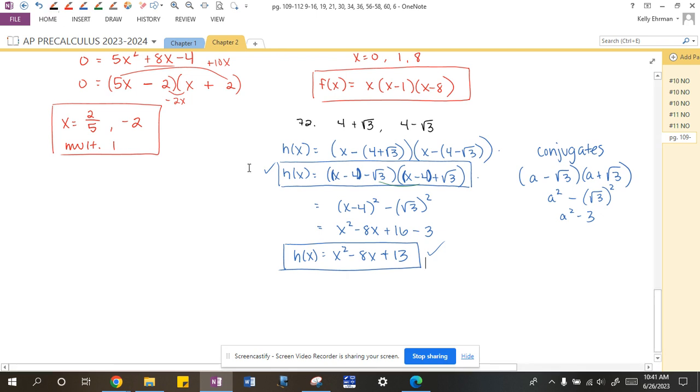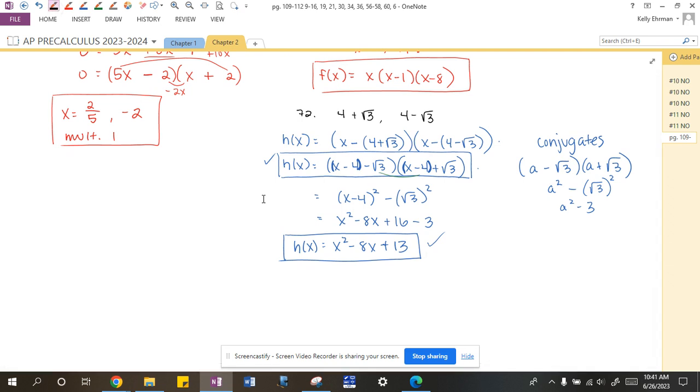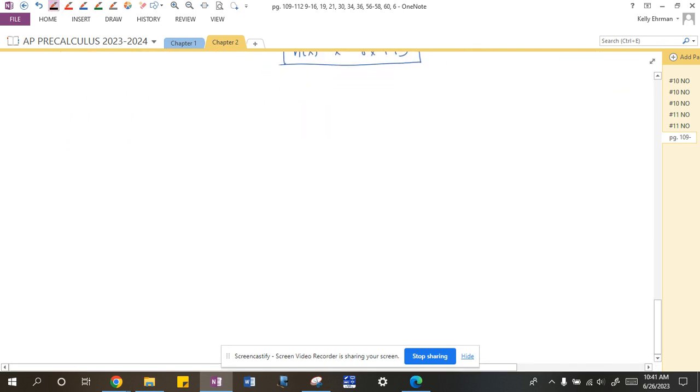Okay, our next set of problems, that was 72. 75 and 77. So let's take a look at 75. We're given a list of information. We have a 0 of negative 4, multiplicity of 2.